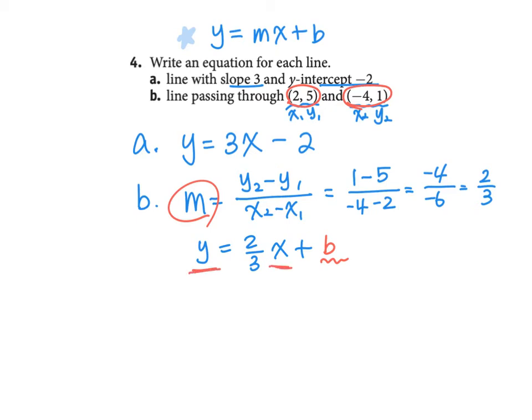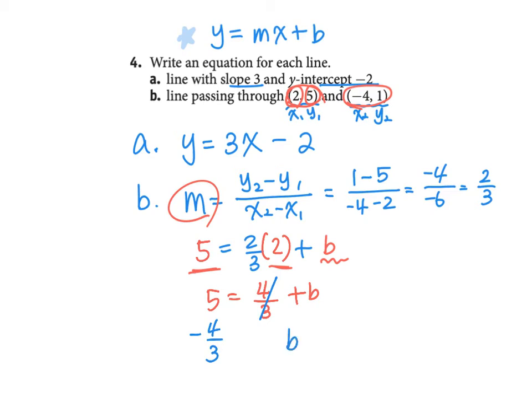So let's use the first one, x for 2 and y for 5. I'm going to plug in x with the 2, y with the 5. So let's calculate that. 5 equals 2 times 2 is 4 over 3 plus b. In order to find b, I need to subtract 4 over 3.